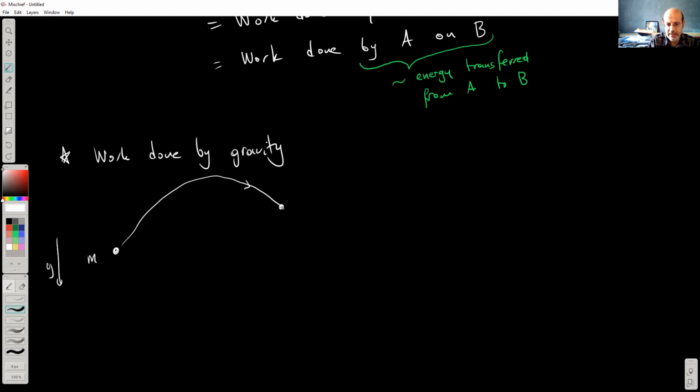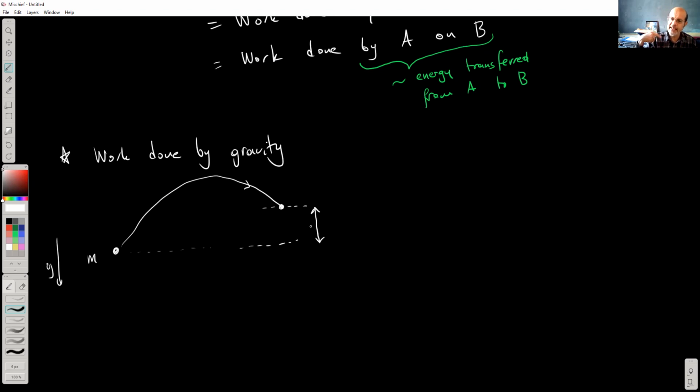Force is not negative. Work is negative. So if I do a negative work on B, let's say, the energy of B decreases and my energy increases.